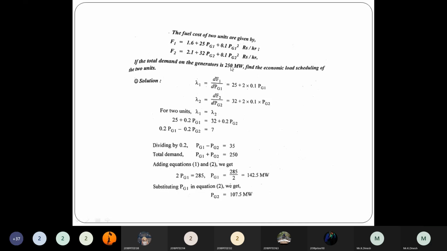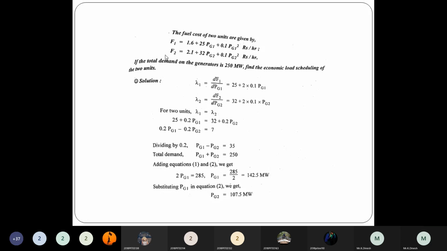Total demand of 2 generators is given as 250 megawatt. We have to find the economic load scheduling of the 2 units. Economic load scheduling means the generating power values we need. So Pg1 we have to find and Pg2 we have to find.